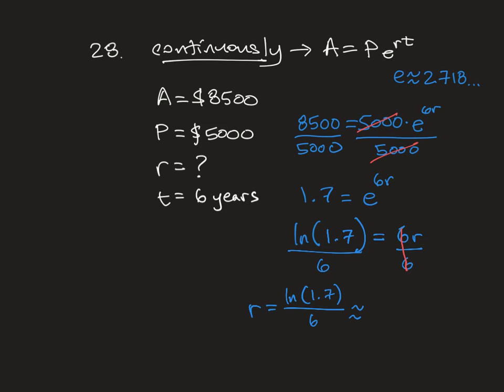And then when I divide that by 6, I get that this is 0.0884, and so on. Okay? And I'm going to just round this off to the nearest tenth of a percent. So this in percent form, move my decimal 2 places to the right. This is about 8.84%. I said a tenth of a percent. Let me stand by that.